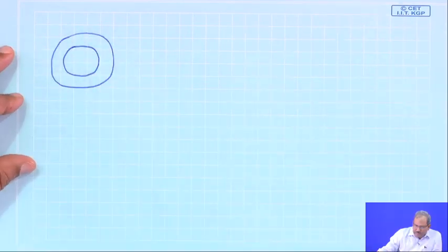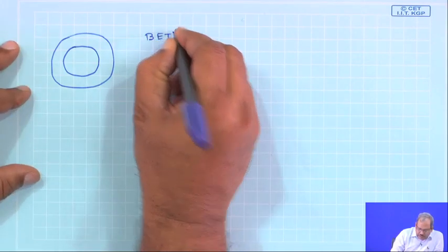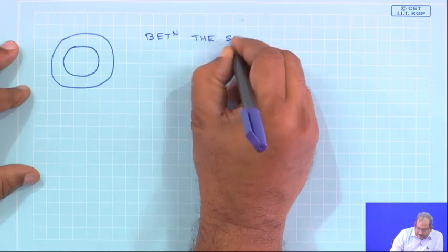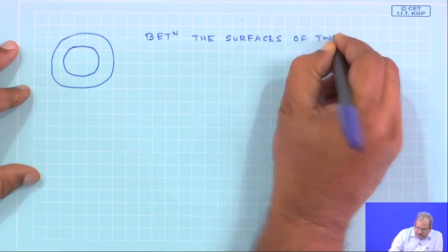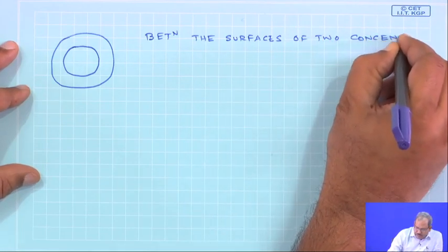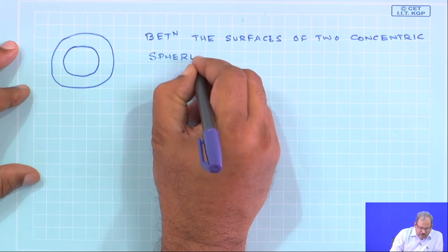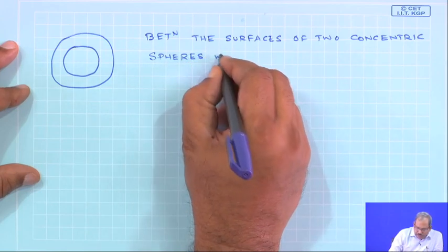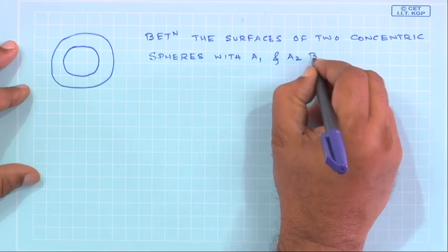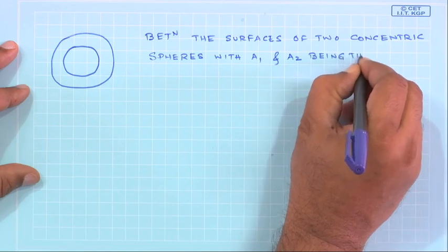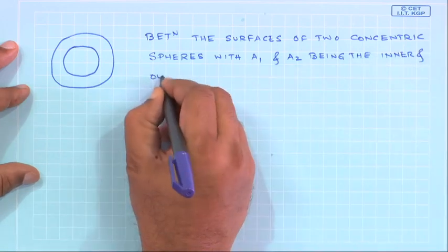So, the third one simply tells you that this is between the surfaces of two concentric spheres, with A1 and A2 being the inner and outer surface.